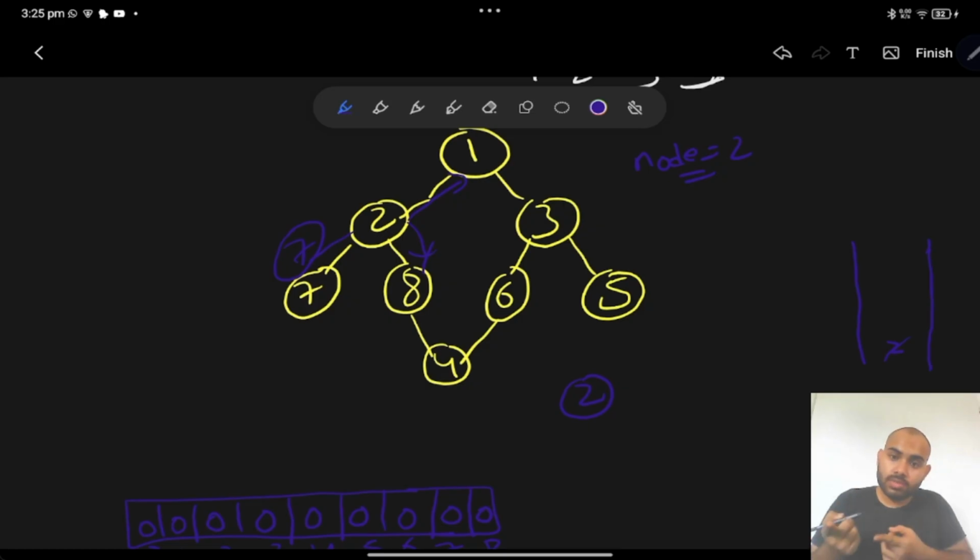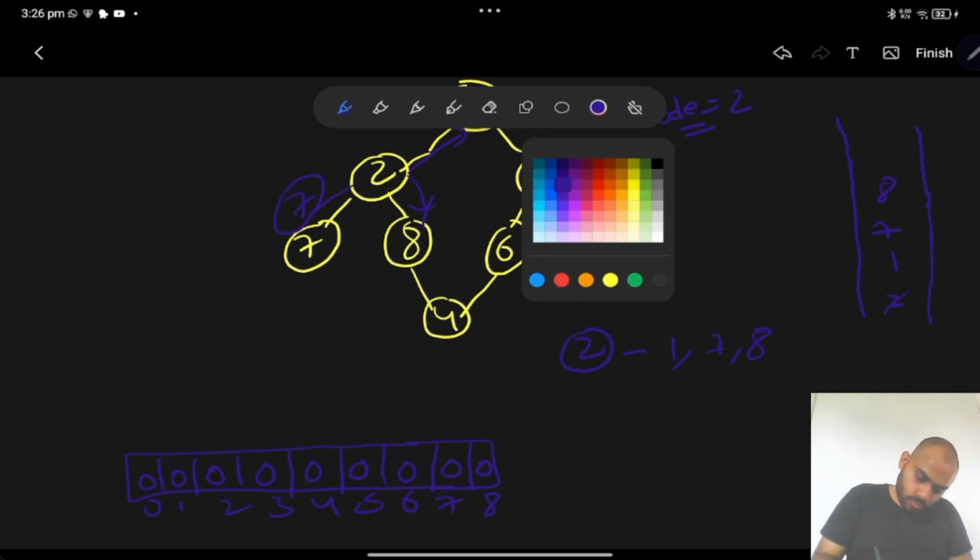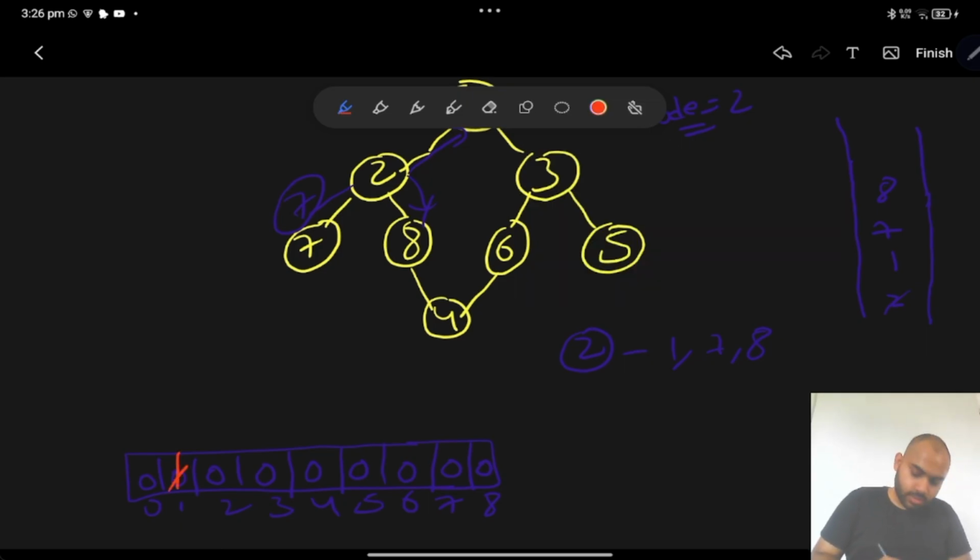Now we will push them inside the queue in the very same order, that is 1, 7, 8. Now 2 is done. When we dequeue the element 2, we should mark it visited.